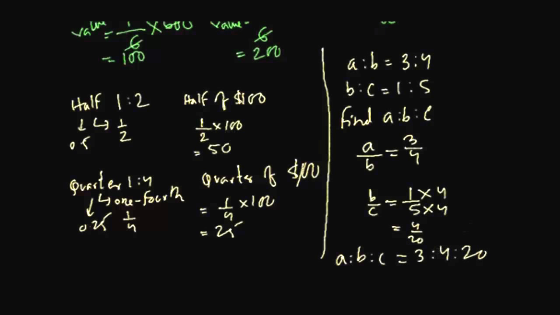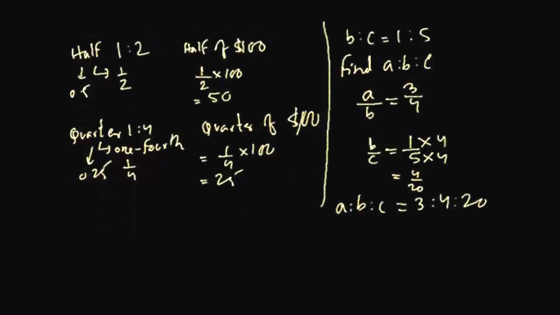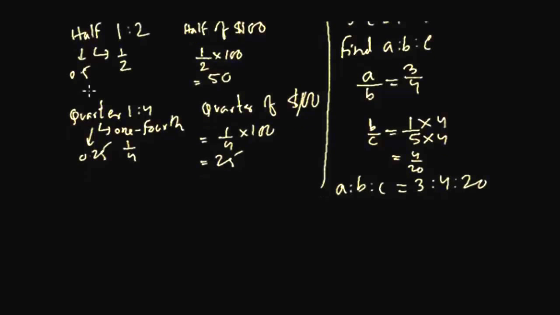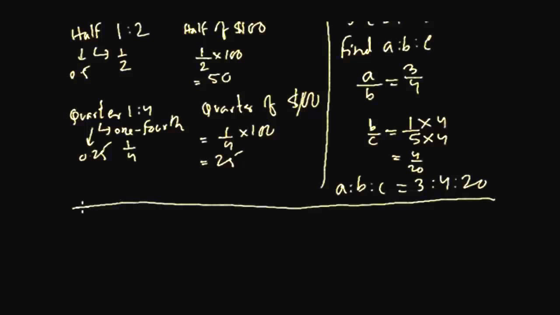Let me show you how to simplify ratios when there are three terms. Let me do another example here. In another example, if we have 10 is to 24 is to 30. Now the first thing that we have to check is whether they have the same unit.